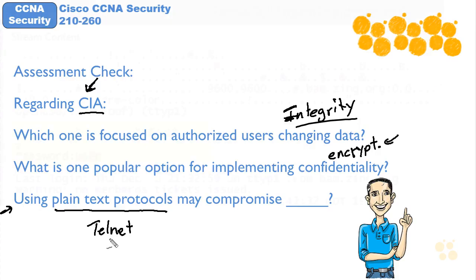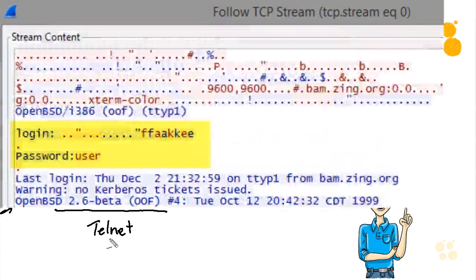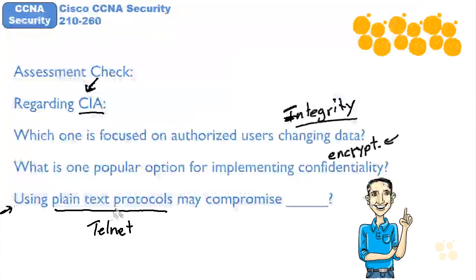The data going back and forth in a telnet session, if somebody's eavesdropping and looking at that data, they can see the characters you're typing, they can see the passwords and everything else. Another application that uses plain text protocols would be HTTP. Another protocol is FTP. All those use plain text, meaning they don't have encryption.